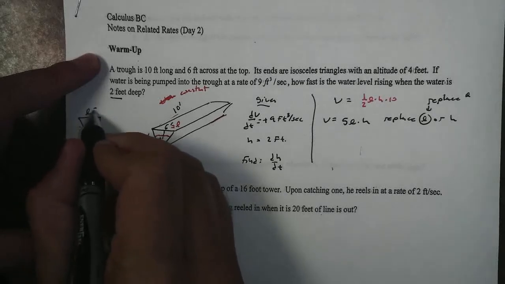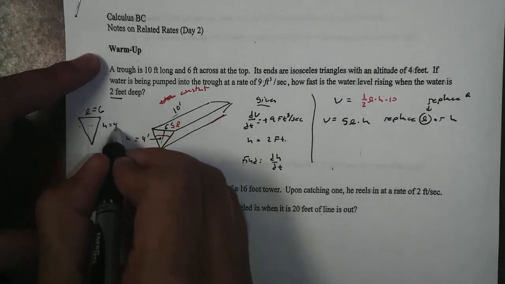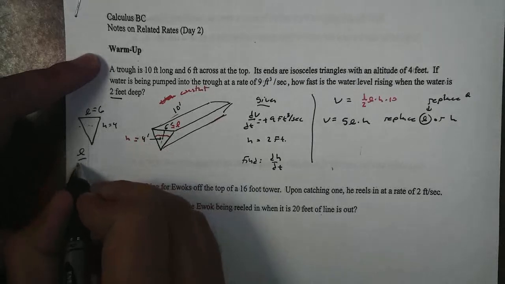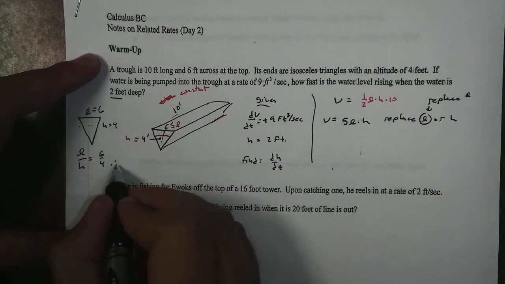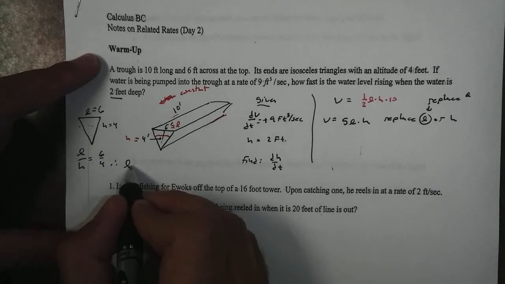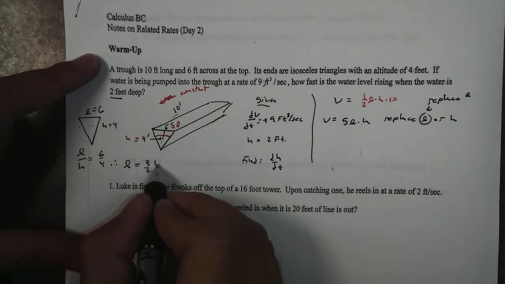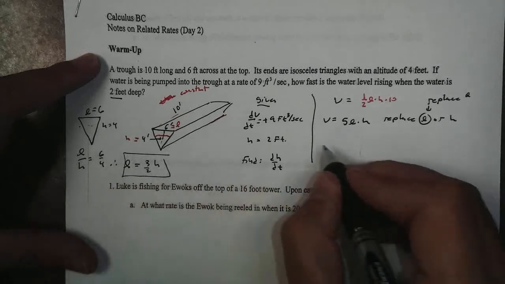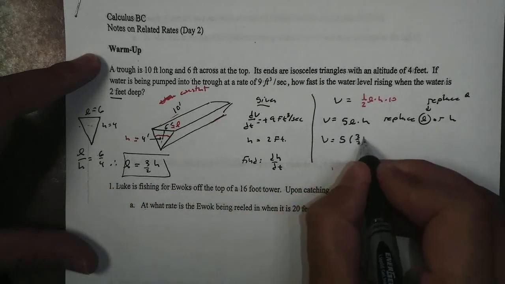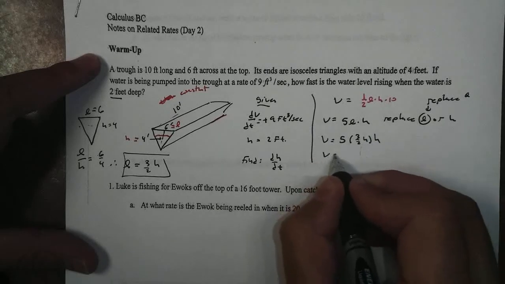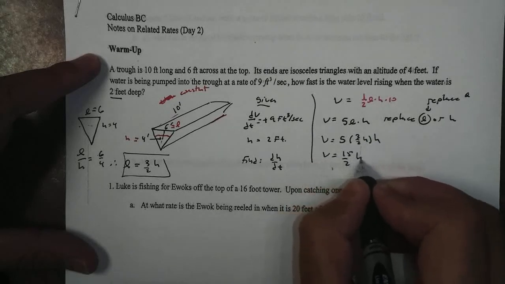I know that the length is 6 when the height is 4, so my relationship of length to height is 6 over 4. Therefore, L is 3/2 H. Then I can write my new volume: 5 times 3/2 H times H, or 15/2 H squared.